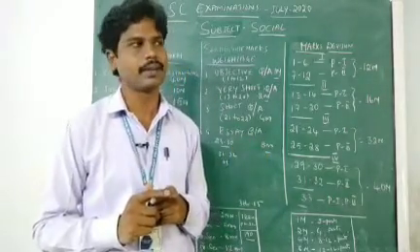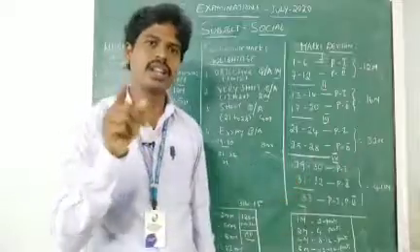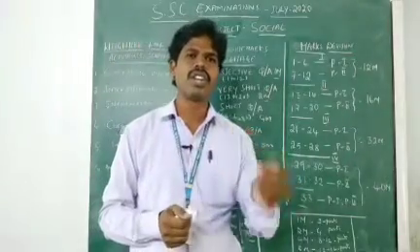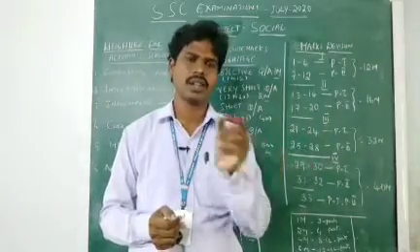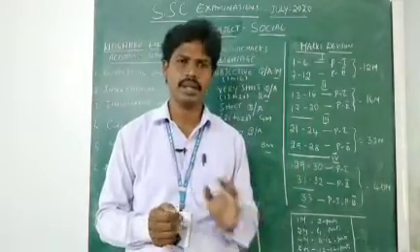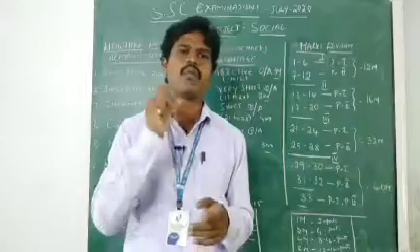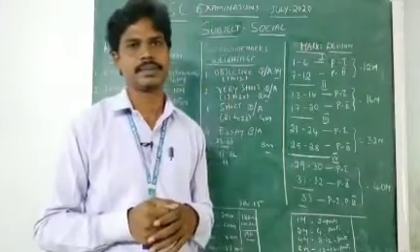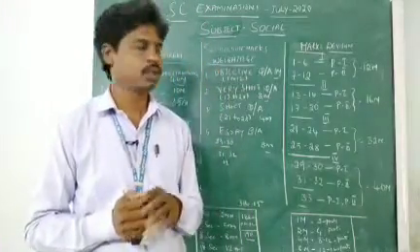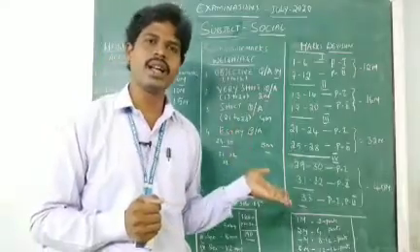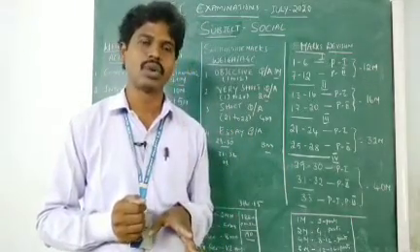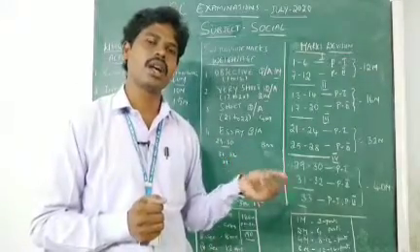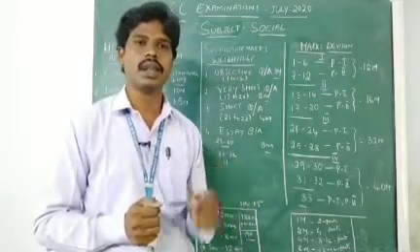For example, question number 29 has option A or question B. Both will be given, and we are supposed to answer any one. So 29 and 30, both are from paper 1. Altogether 29 A or B, 30 A or B.